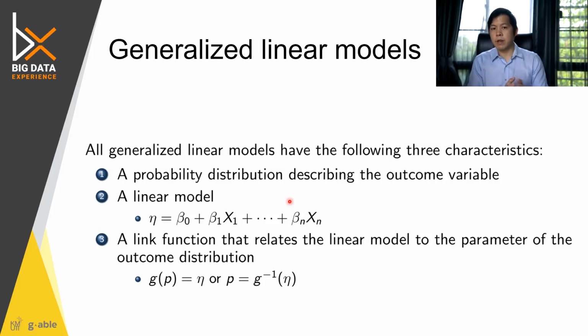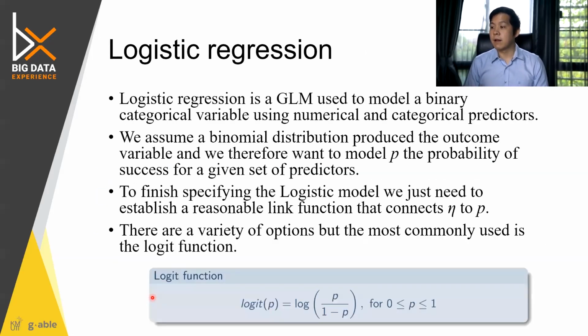Okay, for linear regression, that link function is just one, right? What you have is what you get, right? That's for linear regression. But for logistic regression, we need to use a function that can represent probability, that can represent the associations between the chance of things happening and things not happening. And that function is called the logistic function.